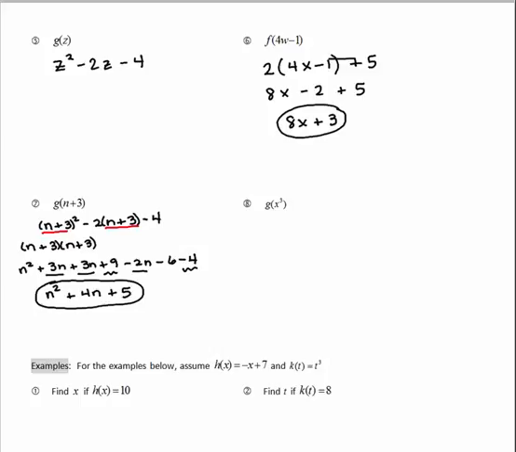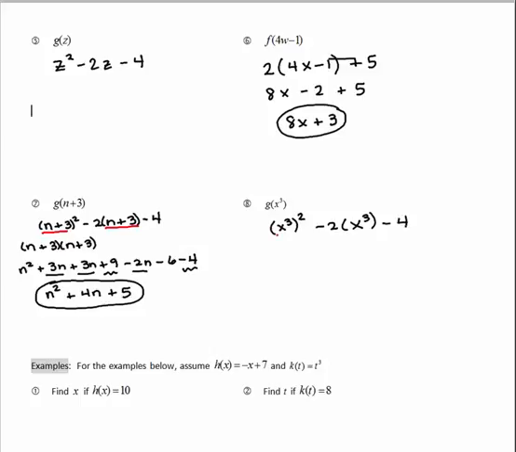Try one more like that. This time I want to do g of x cubed. So I'm going to replace the n's in the g expression with x cubeds instead. So I would have x cubed squared minus 2 times x cubed minus 4.